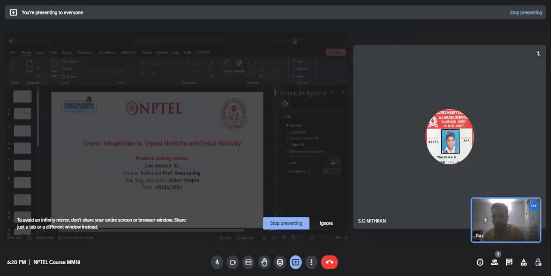So the question is the close packed direction of the BCC crystal. The direction with high linear density is the close packed direction. So what is the close packed direction?